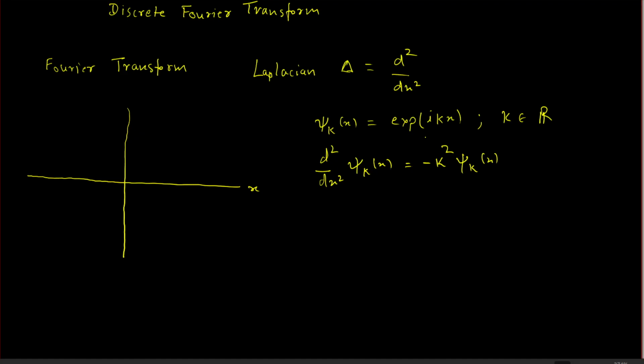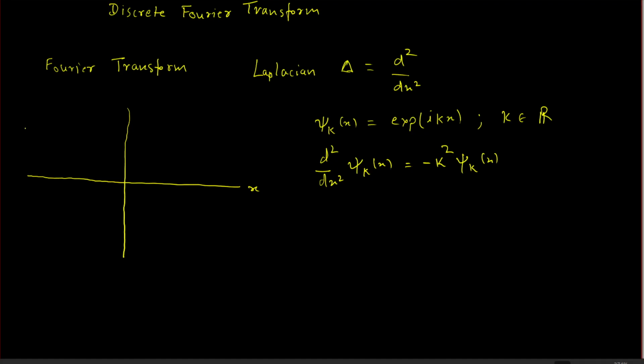These eigenfunctions form a basis in the space of sufficiently well behaved smooth functions on the real line which go to 0 sufficiently fast in the plus infinity and minus infinity directions.